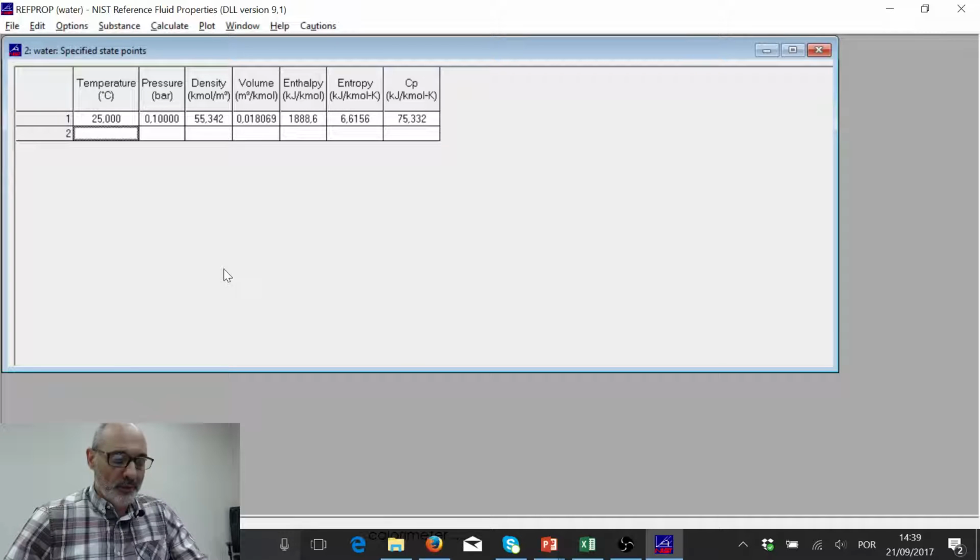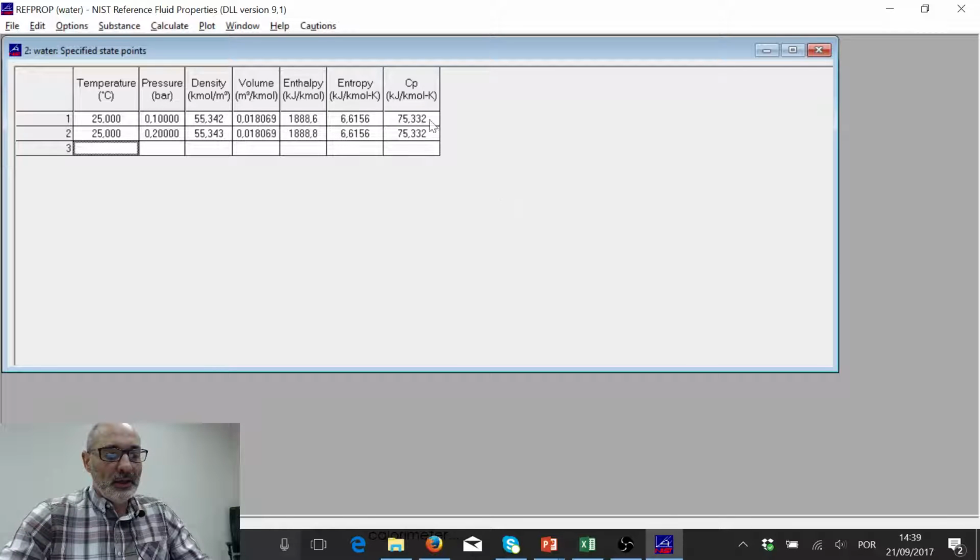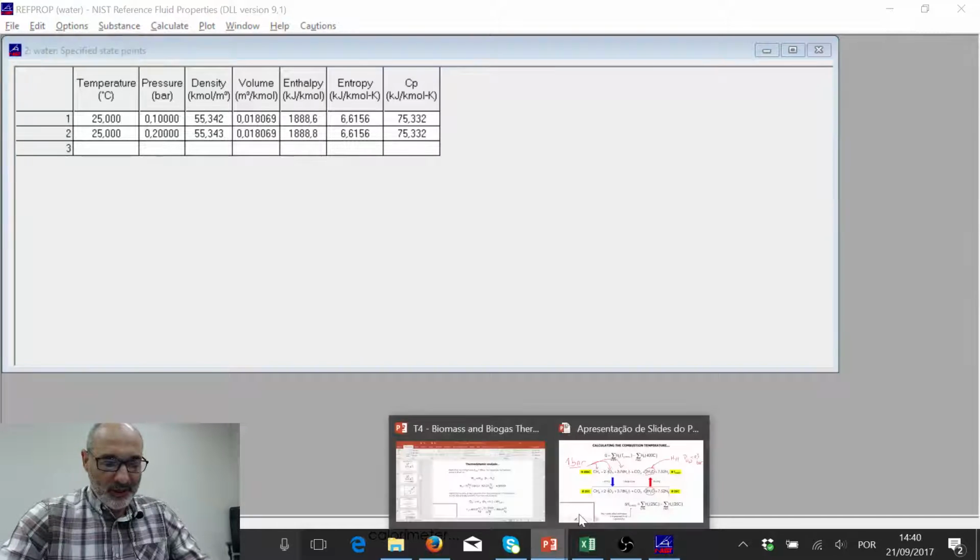So if I put 25 degrees, 0.1 bar, the temperature is going to be the same. I'm going to double the partial pressure, 0.2. You see that the specific heat is almost insensitive to the pressure, okay?